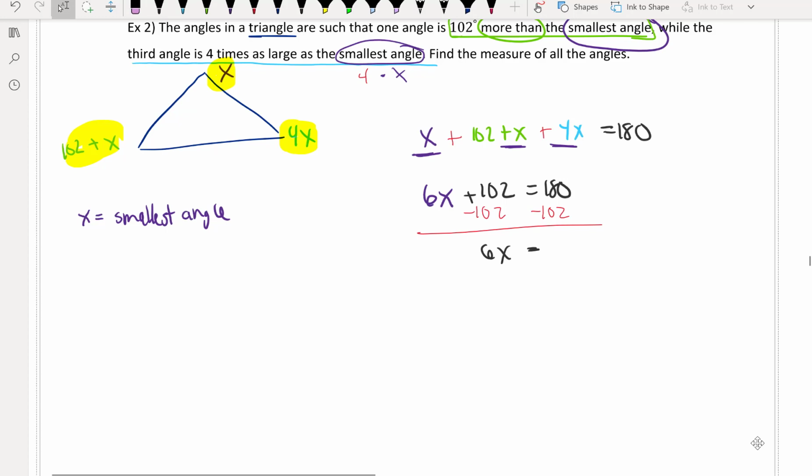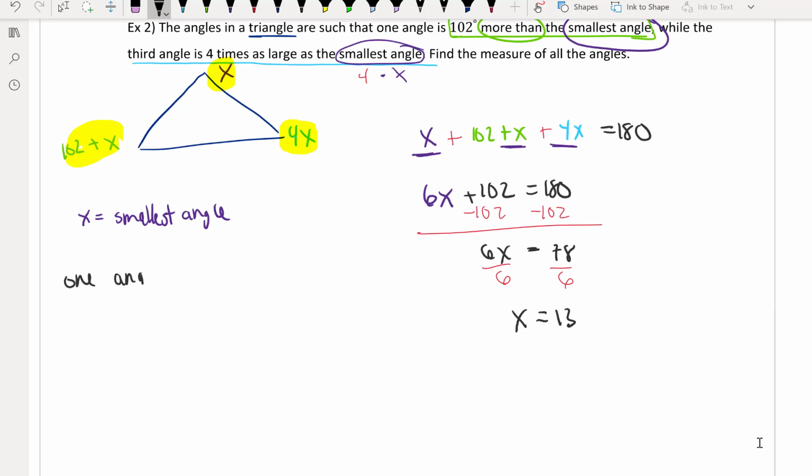So I have 180 minus my 102, and I get 78. From here, I'm going to divide by 6 on both sides, so I get that x is going to equal a positive 13. So I know that one angle, in particular the smallest, is equal to 13 degrees.